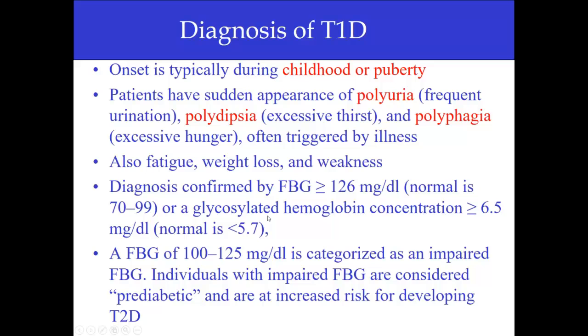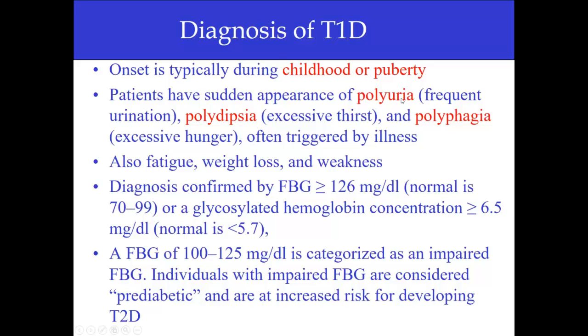How do we diagnose type 1 diabetes? It usually starts in childhood or puberty, so early in life. It appears as sudden symptoms of polyuria. For those of you who are not familiar with the term, poly means many or frequent, uria, urination.